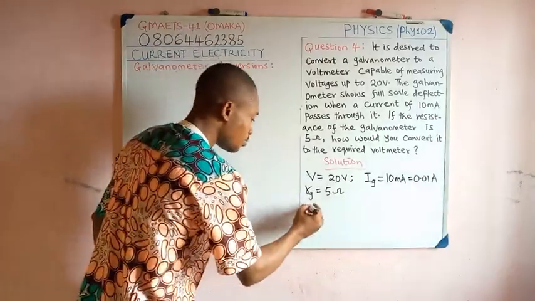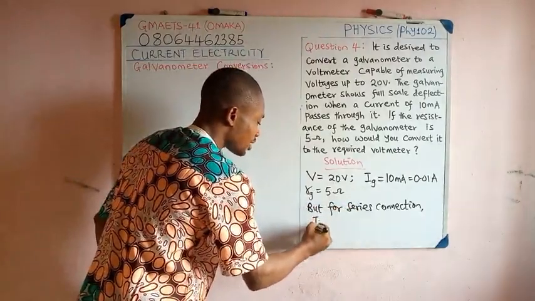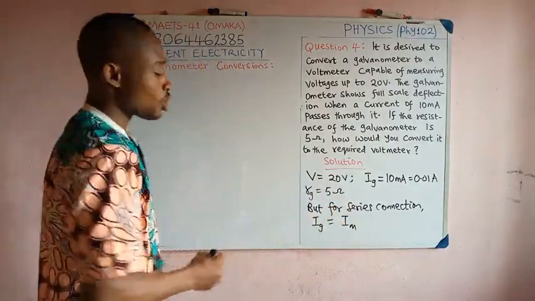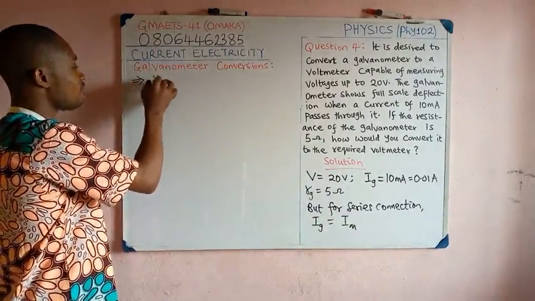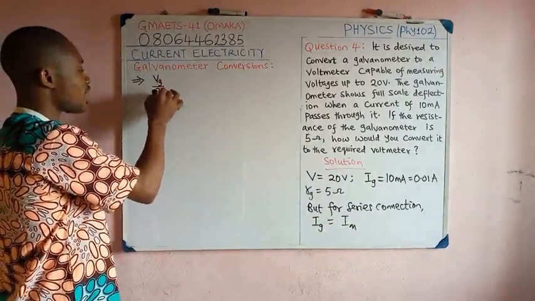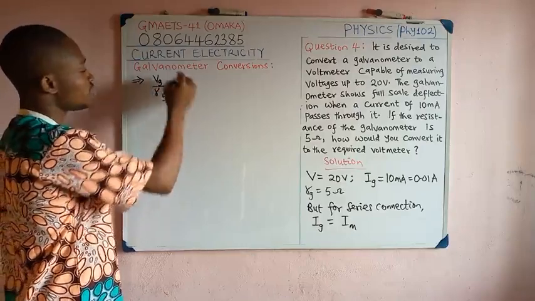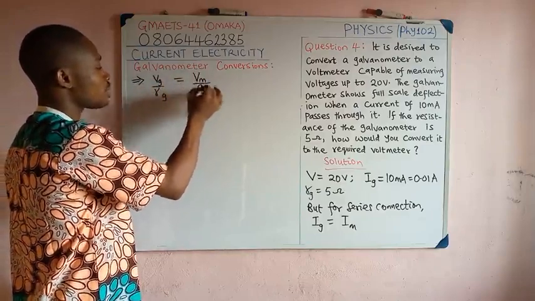So for series connection, we expect that I galvanometer is equal to I multiplier. We're now going to write this in terms of Ohm's law, which implies that V galvanometer divided by r galvanometer, I'm going to use small letter r here like we used there, is equal to V multiplier all over R multiplier.